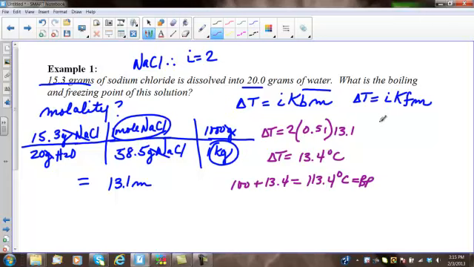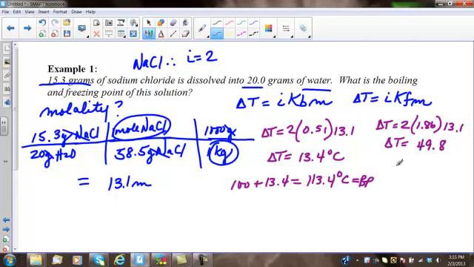And for the freezing point, delta T equals, the 2 is going to be the same. The Kf constant for freezing point is 1.86. Our molality is the same. So delta T equals 2 times 1.86 times 13.1, which is 49.8.